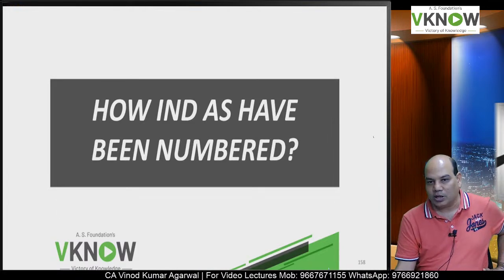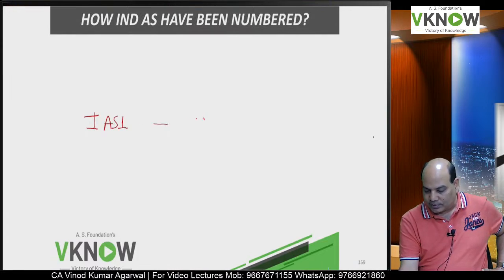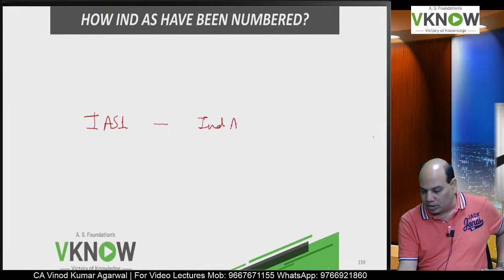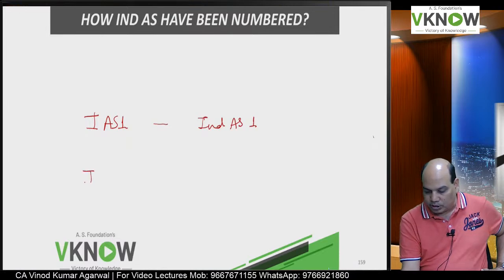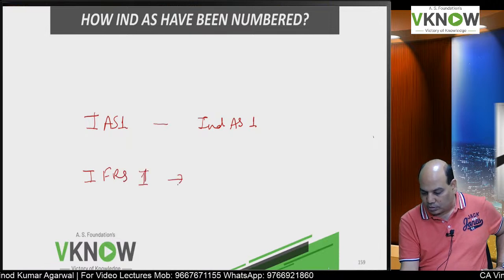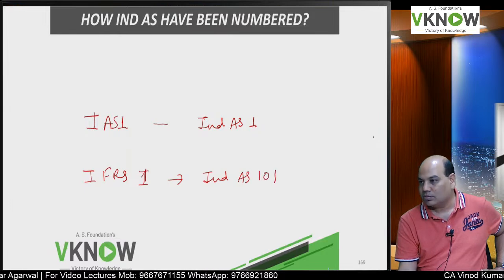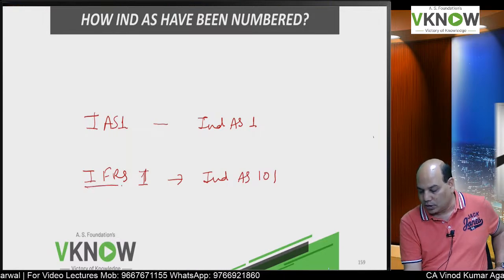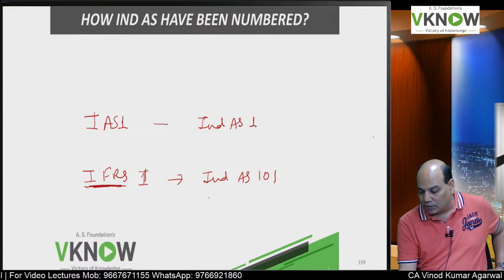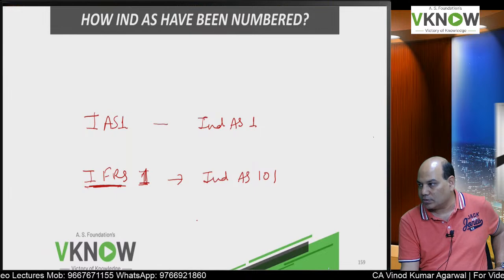How have Ind AS been numbered? Now tell me, if it is IAS 1, it will be Ind AS 1. But if it is IFRS 1, then it is given the number Ind AS 101. So if IFRS, I will take 100 plus the number given in IFRS.